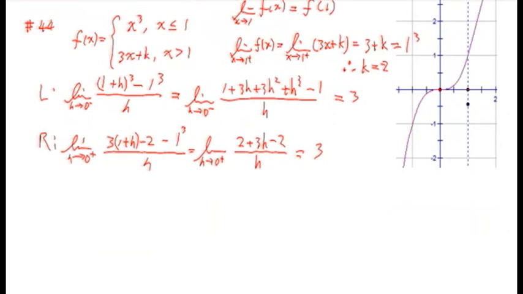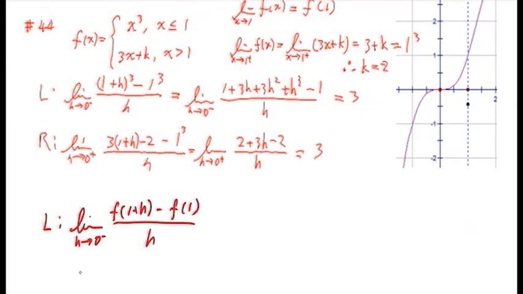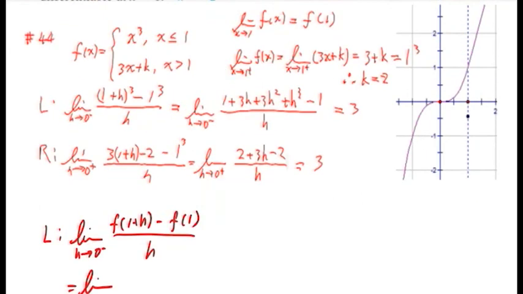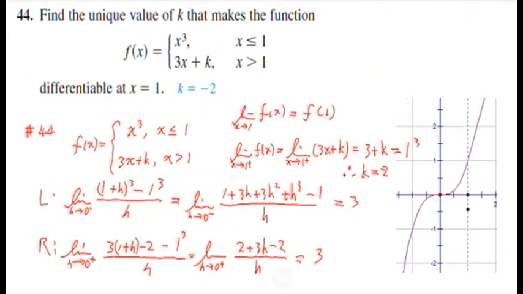Okay. So let's do a left derivative. So left, for lack of better notation, I'm just writing it L. So we have the limit of f of 1 plus h minus f of 1 over h, and this one is h approaching 0. If h is slightly less, then we are supposed to use the x cubed function.